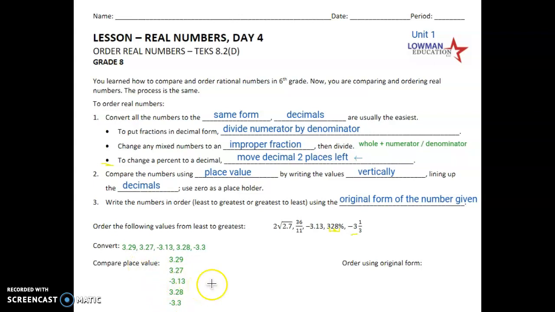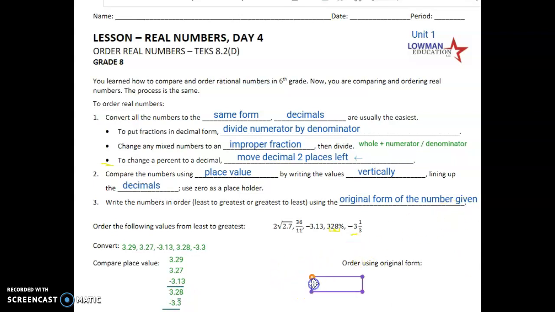Now, the smaller numbers are going to be your negative numbers. So let's focus first on our negative 3 and 13 hundredths and our negative 3 and 3/10. Now, the bigger the negative number, the smaller it is. So the negative 3 and 0.3 repeating is actually going to be my smallest number.